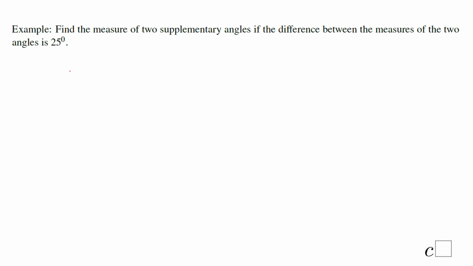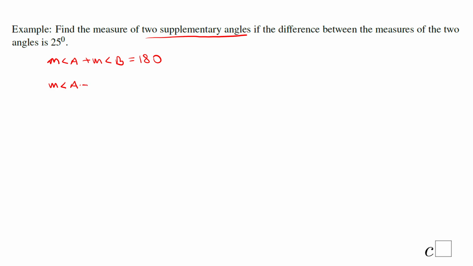So let's call them angle A and B. I'm going to say the measure of angle A plus the measure of angle B equals 180. That means this statement here, supplementary angles. And now we know the difference between these two angles is 25. So I'm going to assume angle A is the largest one.